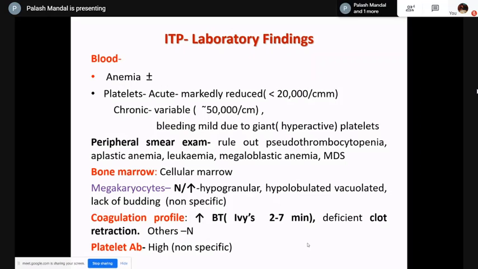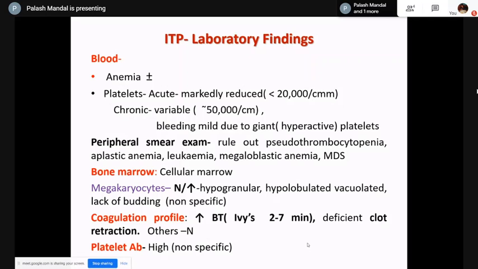Okay, I think you have a basic understanding of these two terminologies. Signs are the ones which are elicited by the doctor while examining the patient, whereas symptoms are the features which are experienced by the patient, and the patient tells that I am having this thing. Okay, so this is the difference between symptoms of patients and signs examined by the doctor.